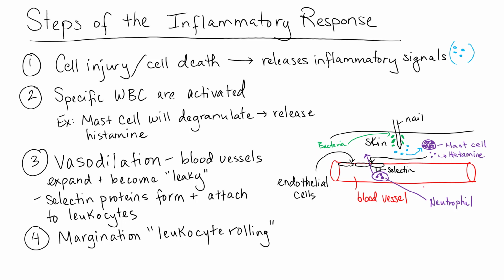So we better eat them. The neutrophils got to get there. And so the signaling cascade is allowing the neutrophils to stick to the walls of the blood vessels and then to squeeze out of the walls of the blood vessels.